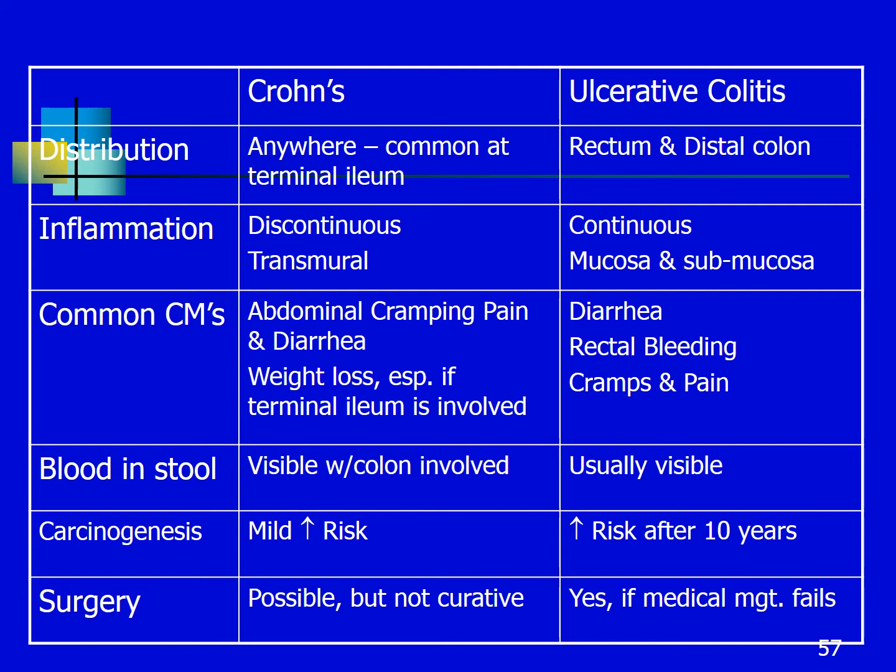Common manifestations are abdominal pain, diarrhea, weight loss. Ulcerative, look at that, diarrhea, rectal bleeding, cramps or pain, very similar in many ways. Blood in the stool is variable, but with ulcerative, usually, right, ulcer bleed.